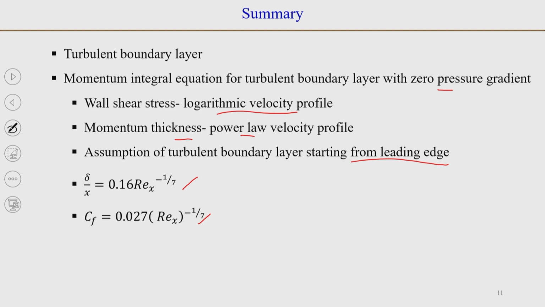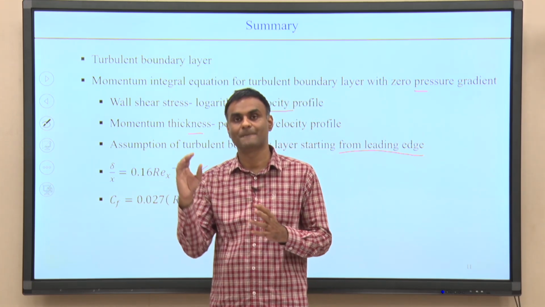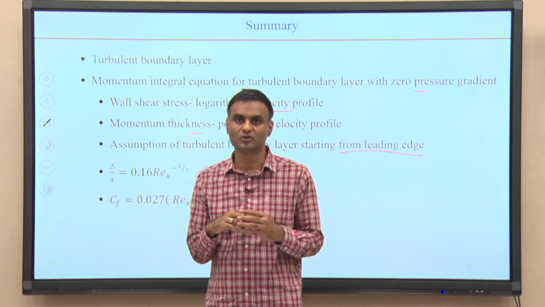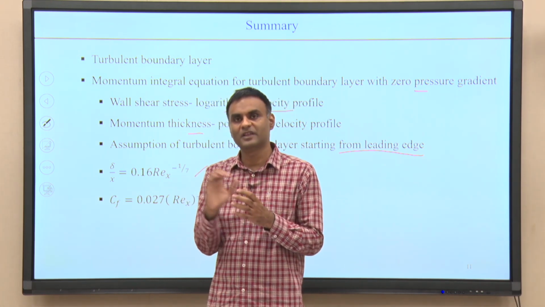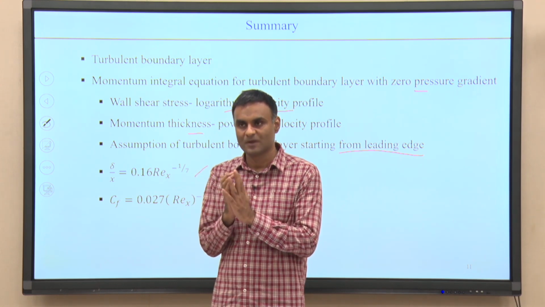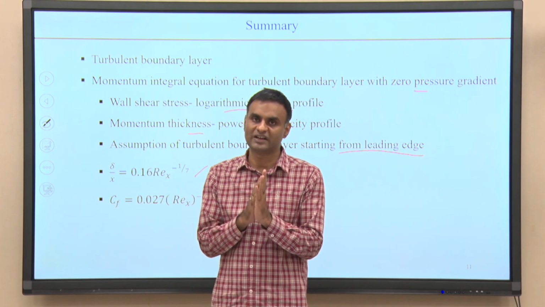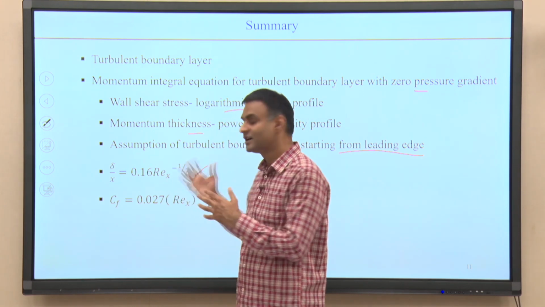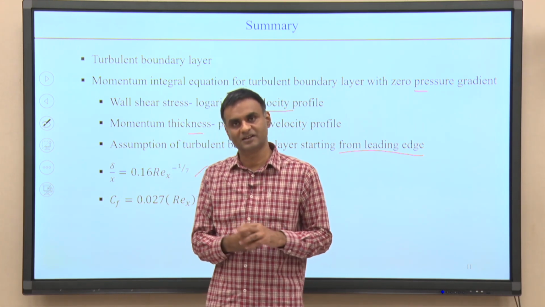Now, you might see in the books another analysis where one could use the value of tau w in analogy with the pipe flow, in terms of the distance from the wall and so on. So, one could use that expression, and one will end up with slightly different equations for delta by x and CF.